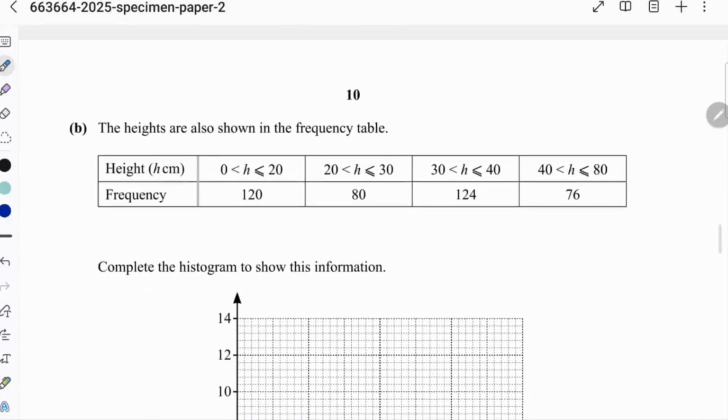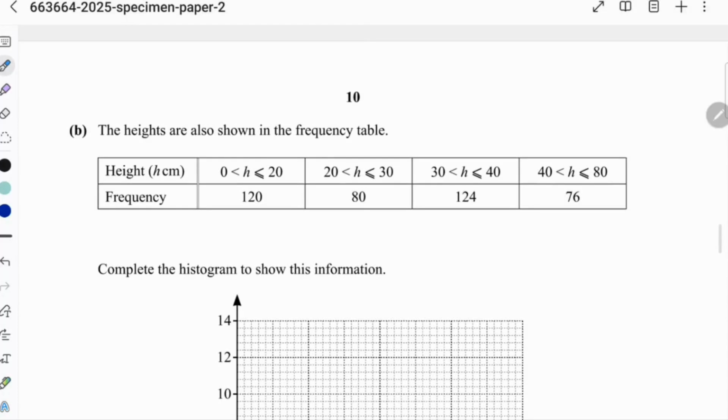Since some of the widths are equal and some unequal, we'll find the frequency density, which is frequency over class width. The class widths are 20, 10, 10, and 40.